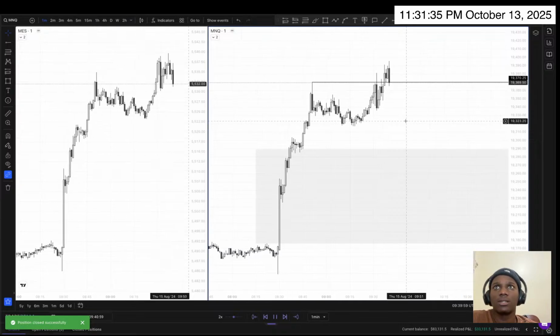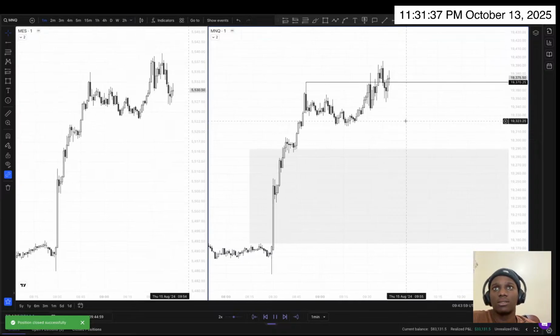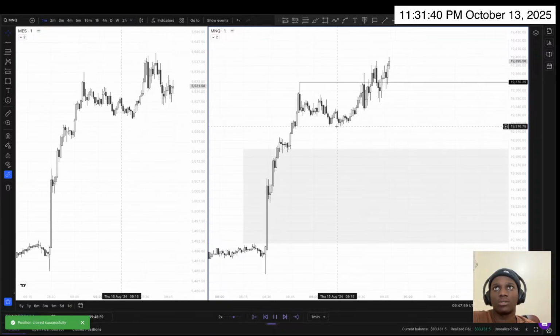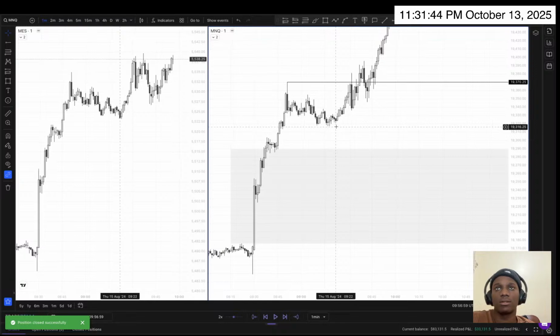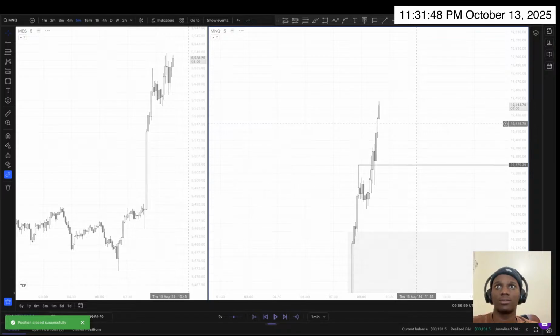Price could run there. So we're going to run this because it's looking so smooth. Okay, so we're going to try the continuation here.